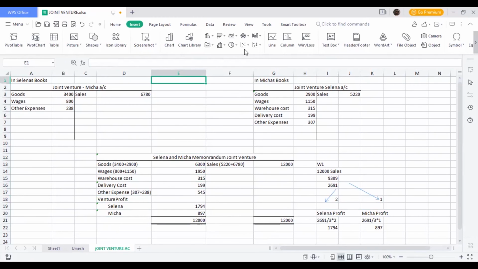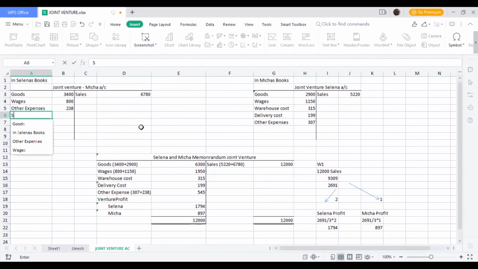Now what we need to know is how much money Micha should give to Selena or how much Selena should pay to Micha. How do we find that adjustment? It's very simple. We need to take the total of both the accounts and find out. So I'll start with Selena's account because the sales looks great on Selena's side. But first of all, I'll transfer the profit so it's easy for me to do the adjustment.